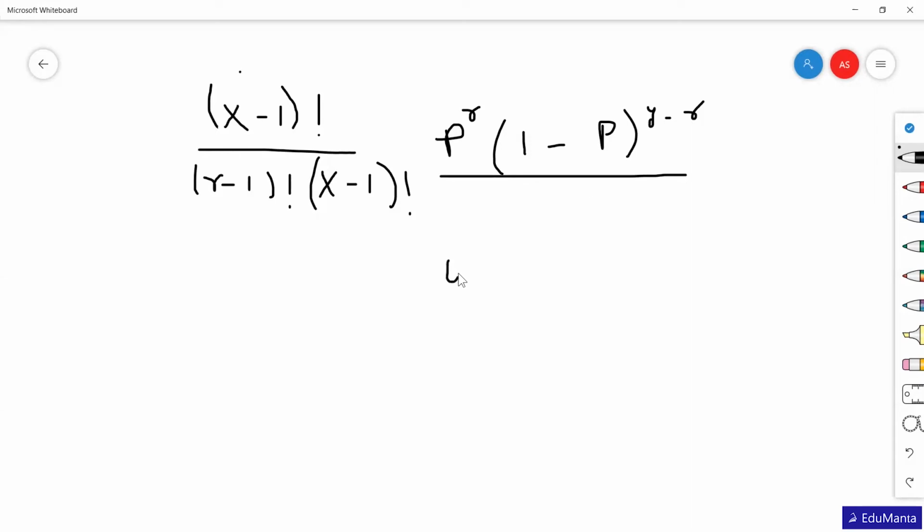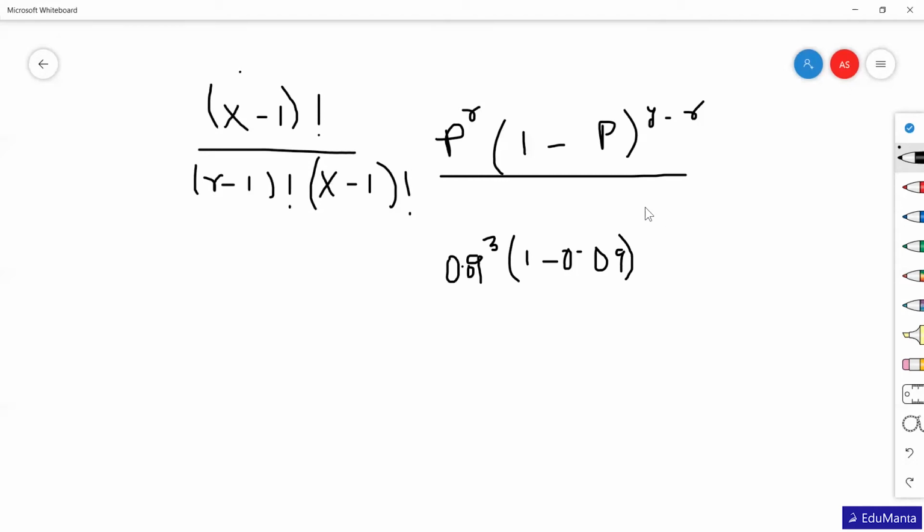So the probability of success is 0.09, and the number of successes we are looking for is 3, so it will be raised to power 3, and 1 minus p is 1 minus 0.09.